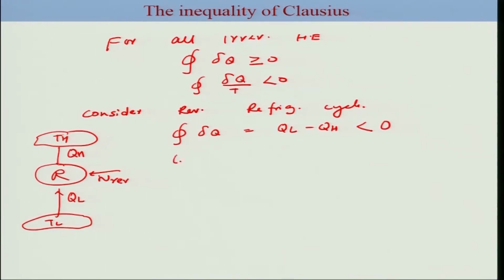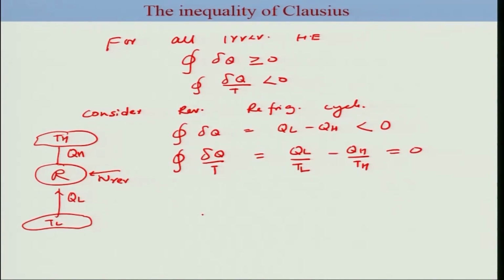And what about delta Q by T? For the reversible cycles, as we already discussed, based on the Kelvin temperature scale, this should be equal to 0.